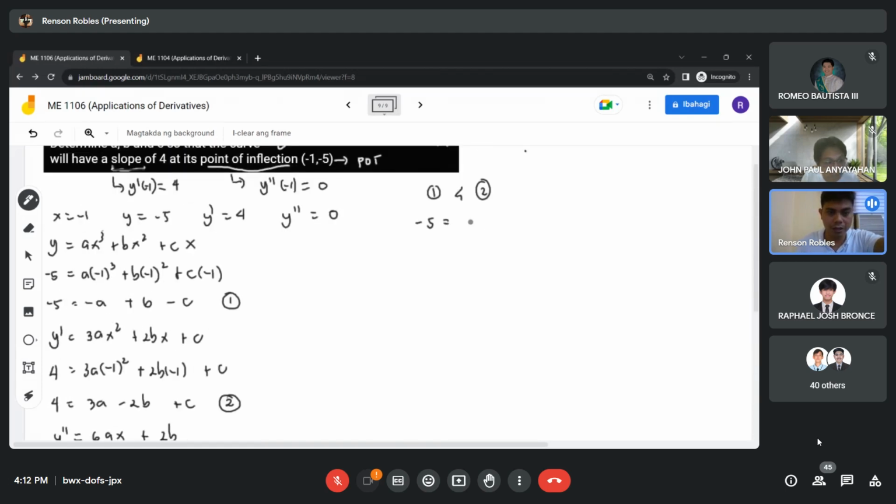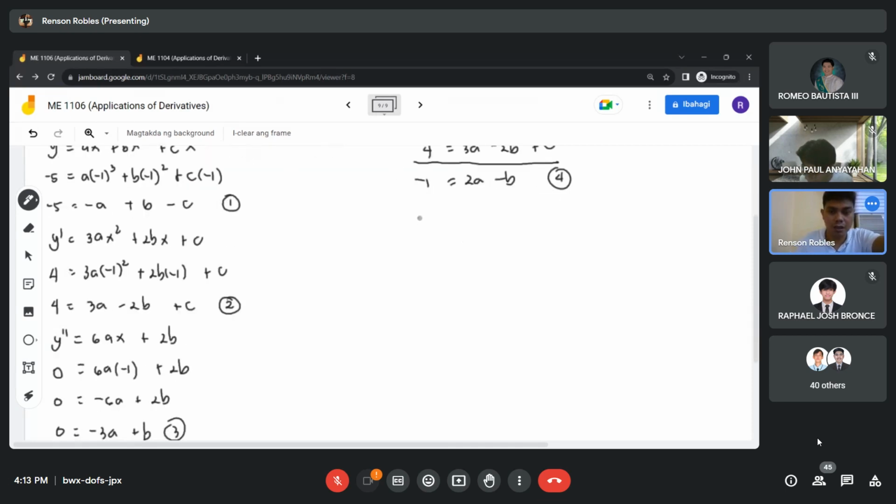-5 equals -a plus b minus c. And then equation 2: 4 equals 3a minus 2b plus c. And then you add to eliminate c. -5 plus 4 is -1, -a plus 3a is 2a, b plus -2b is -b. So -1 equals 2a minus b. You mark this equation 4.